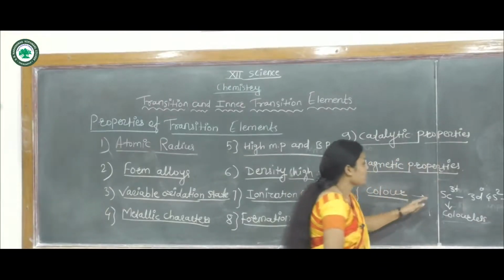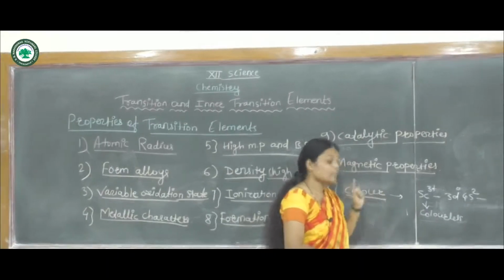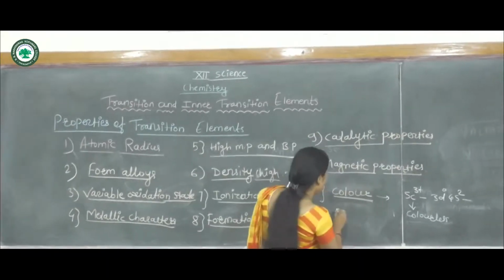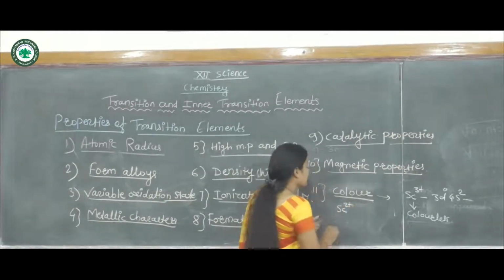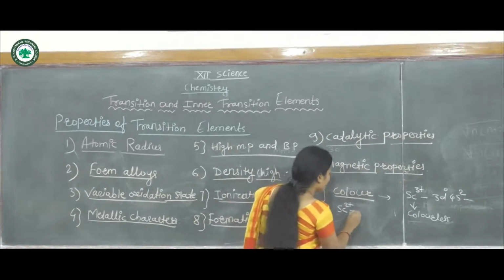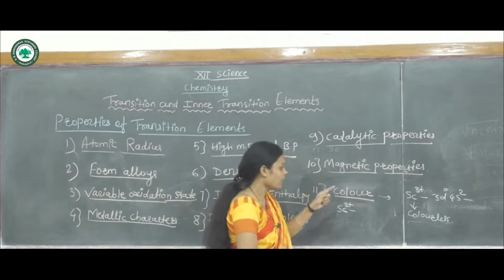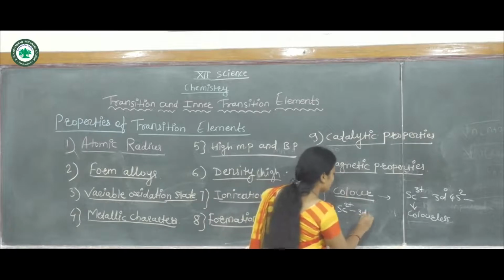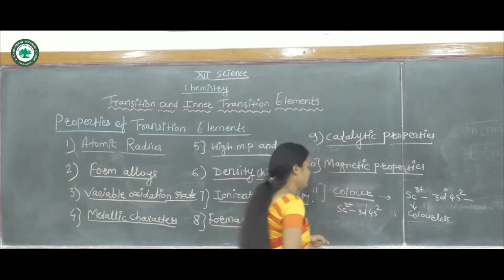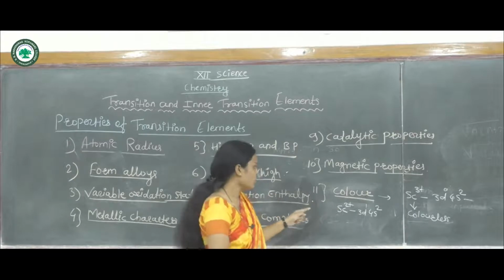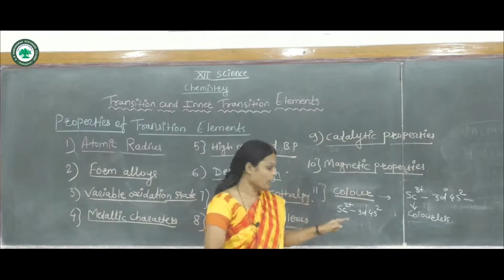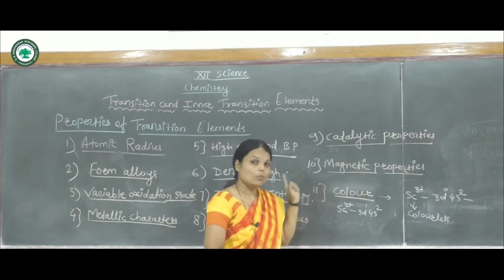Then the next example is scandium 2+. In scandium 2+, the electronic configuration is 3d1 4s2. The number of unpaired electrons in that case is how many? 1.